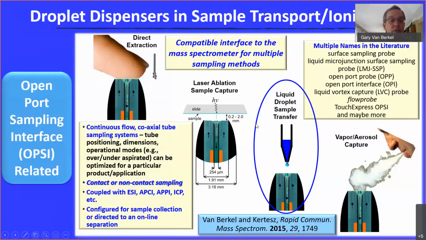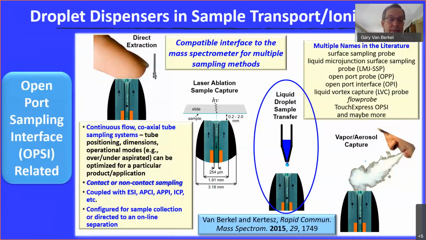But in general, this family of interfaces are continuous flow coaxial tube devices. So two tubes aligned with an annulus that delivers the liquid. The inner tube delivers the liquid also to the mass spectrometer. So the tube size, their positioning, dimensions can all be optimized for particular applications.